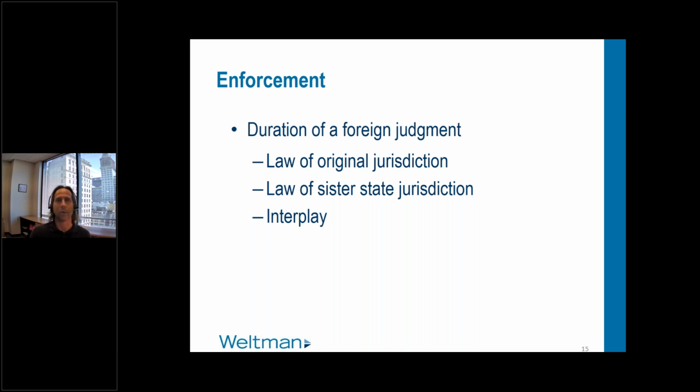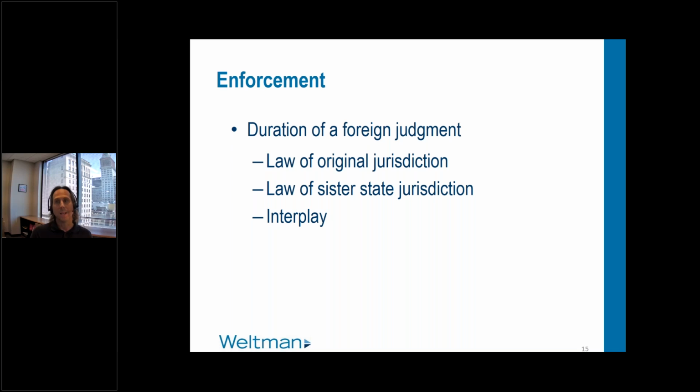There's a tendency, once you've domesticated it, just to concentrate on what's happening in the new state, the sister state, but we can't forget about what happened in the original jurisdiction. So that judgment needs to be kept alive. Then we also need to know about the law of the sister state, and how long judgments are generally good there.